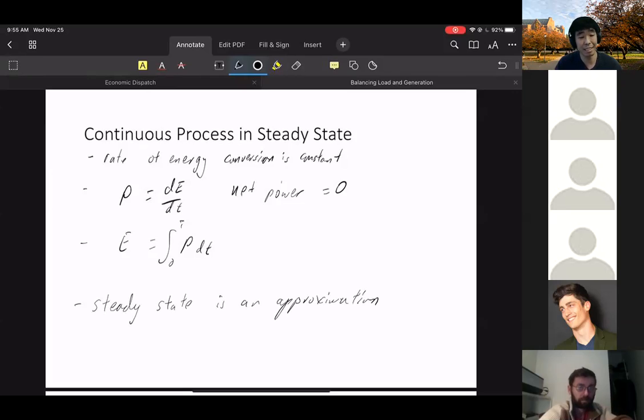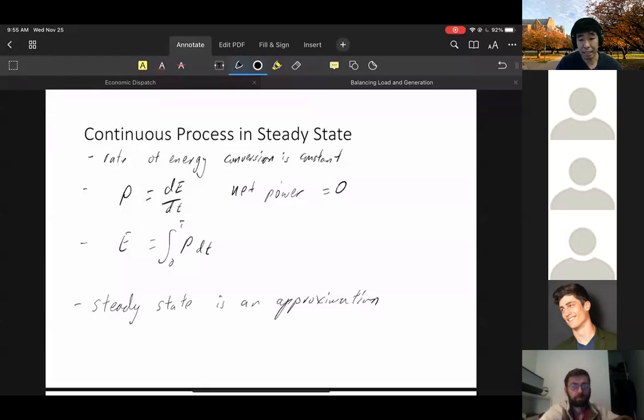Nothing is really steady state, right? So the net power exchange is not always exactly 0, but steady state is a useful notion to have. It basically gives us a point to start doing analysis. This is the reason we talk about steady state.